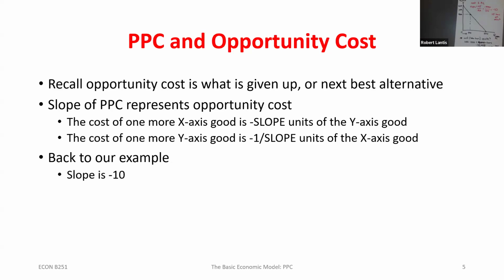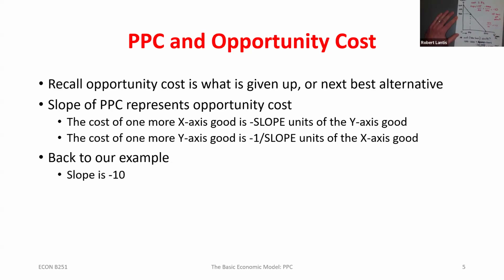Okay? So calculating the slope of these production possibilities curves will give me the cost of my x-axis good. And you can kind of think about why. If every computer cost me 100 labor hours and every ton of wheat cost me 10, how many tons of wheat then, if I gave up, would I have enough labor hours to produce a computer?